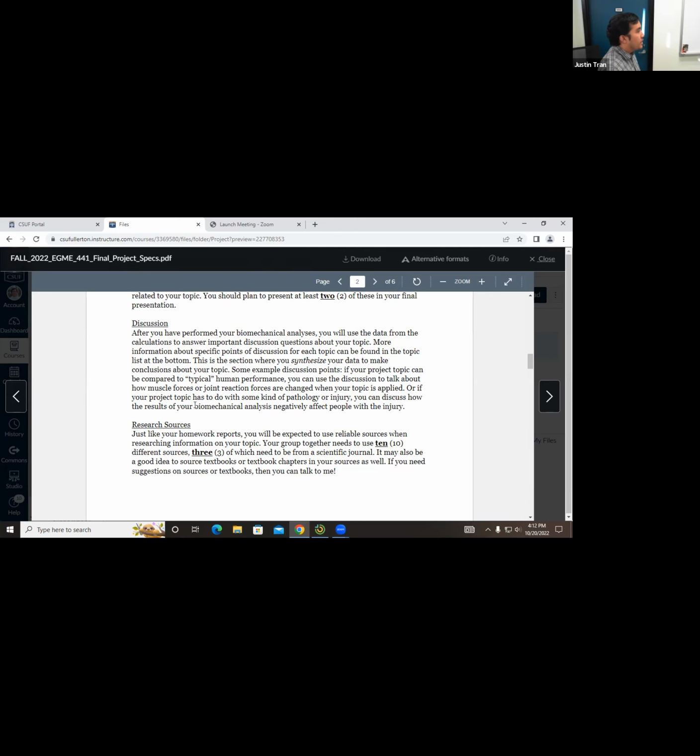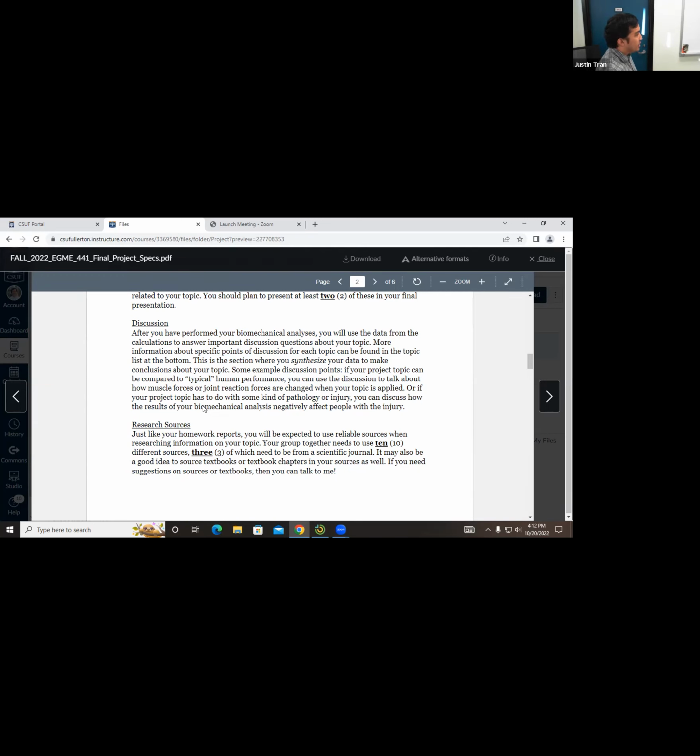Okay. One example, I keep going back to this example because I think it's easy to explain. Last semester, I had a group that did powerlifting, and in their calculations, they compared a deadlift with poor technique and a deadlift with good technique, and they compared the different muscle forces.